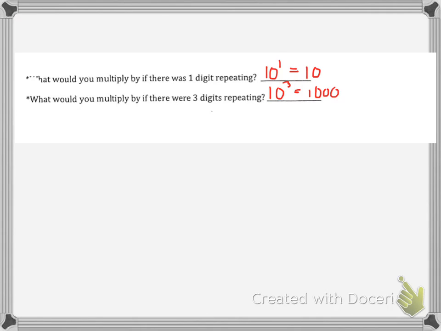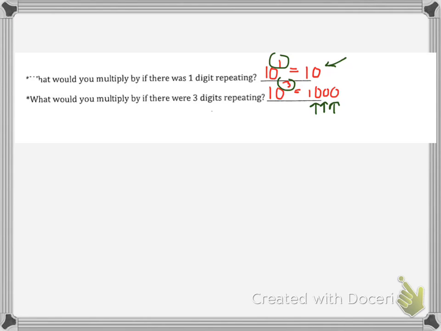So hopefully you're seeing a trend there. You want to think about what kind of pattern it is. Hopefully you're noticing the number of zeros, or the number of place values that we're moving, the decimal is going to correspond to the power.